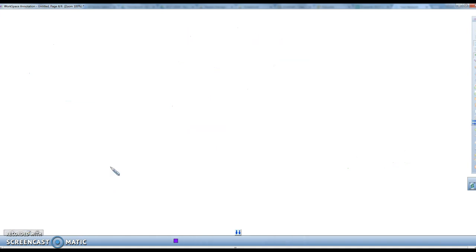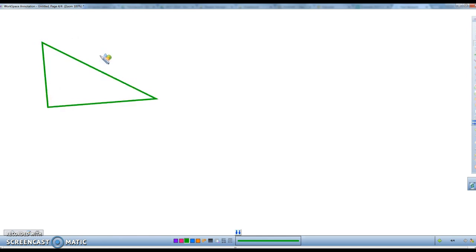Sometimes when we're looking at a right triangle, they give us what the hypotenuse is. So let's say they say it's 25. And they'll give us one of the legs, and they want us to find the missing side.